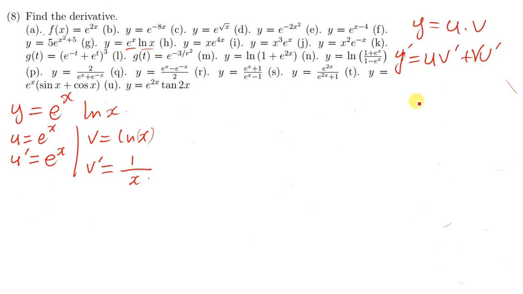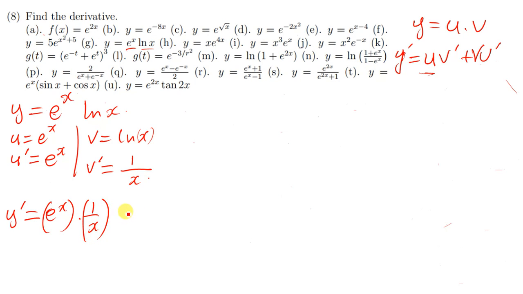So we now plug in everything into this expression. Your y prime in this case is just going to be: the value of u is e to the power x, and we're multiplying this by v prime, which is simply 1 over x.